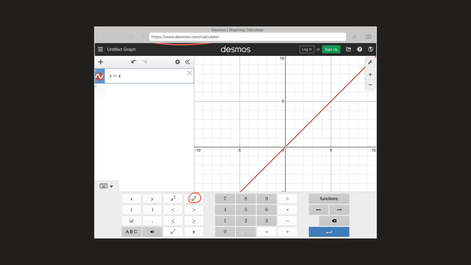If you punch that button in, it puts you up into a generic exponent, and I can now select 3 or 2 or 5 or any exponent that I want. Some people like to use the generic exponent button because then they just get to use it all the time. So there is us punching in a function.